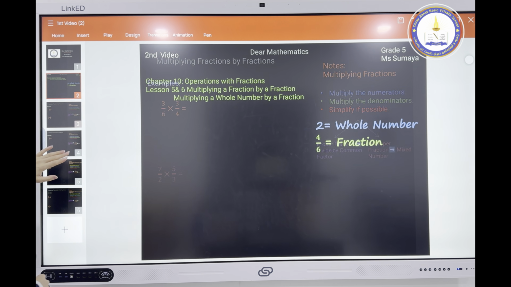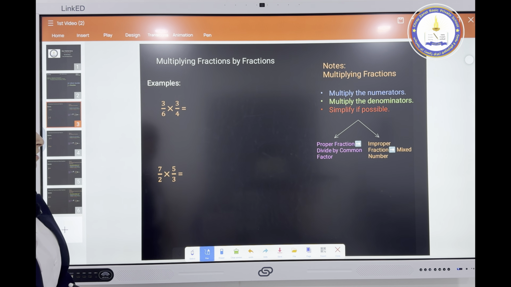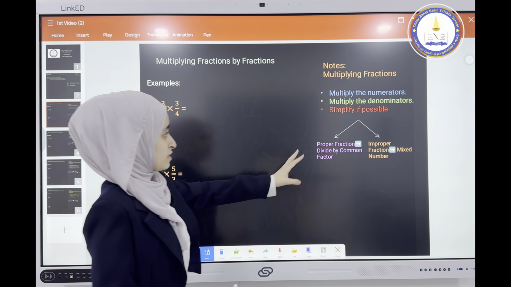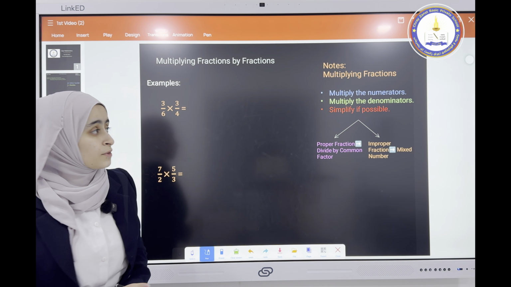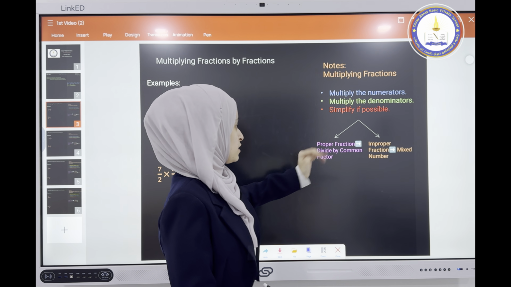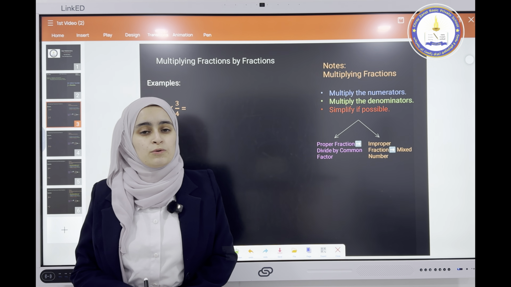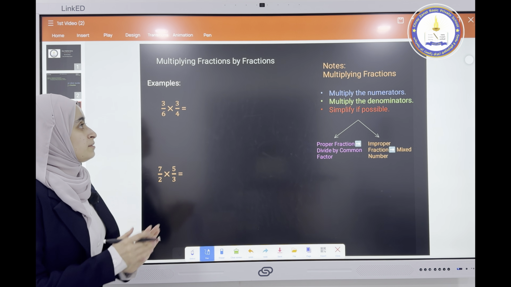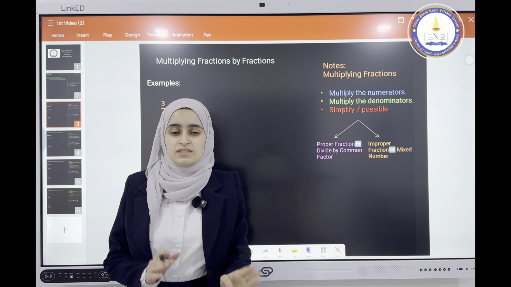Let's get started with the first one, which is multiplying fractions by fractions. As you see here, we have multiplying fractions. Notice, first, we have to multiply the numerators, then the denominators, then we have to simplify if it is possible. Before everything, know that multiplying fractions is not like addition and subtraction.